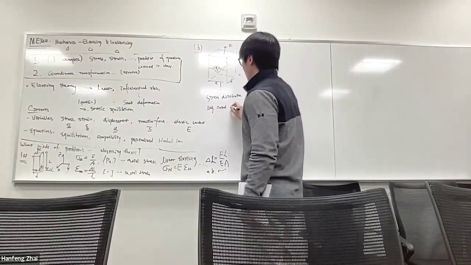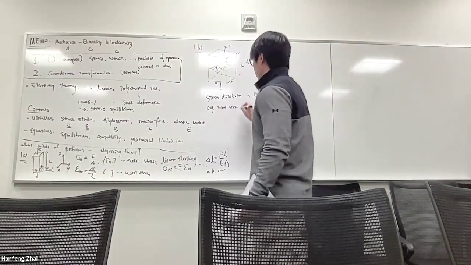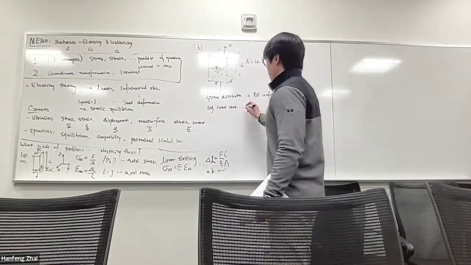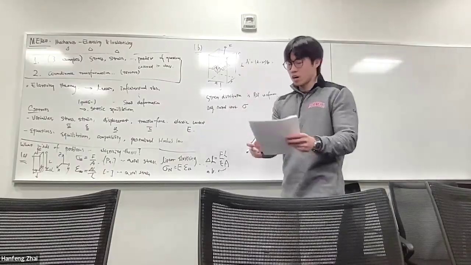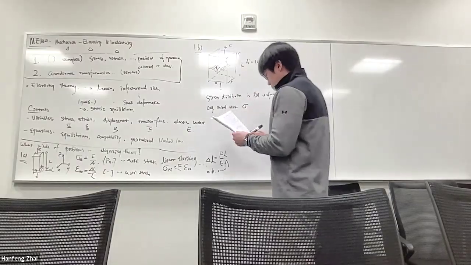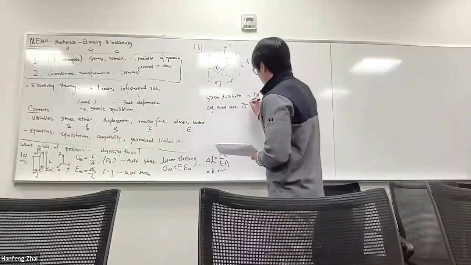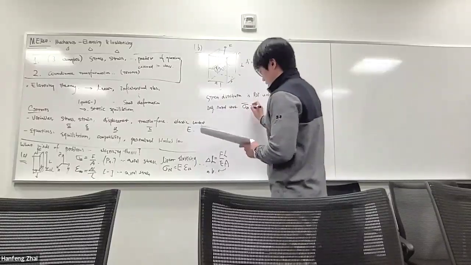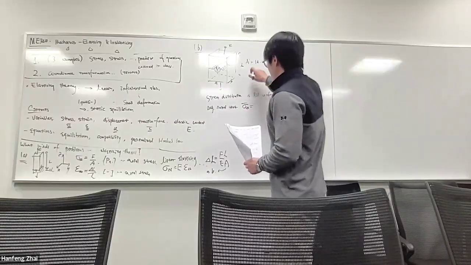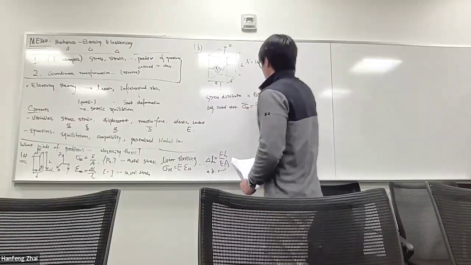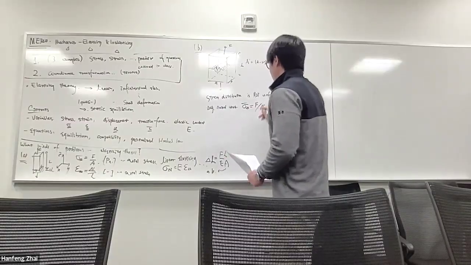If we define the average normal stress, you can call it sigma bar or sigma average, whatever name you want to call this. So for now, if I call it sigma bar ZZ, it can be written as we have a new area, apply the same force, and it's F divided by A prime.